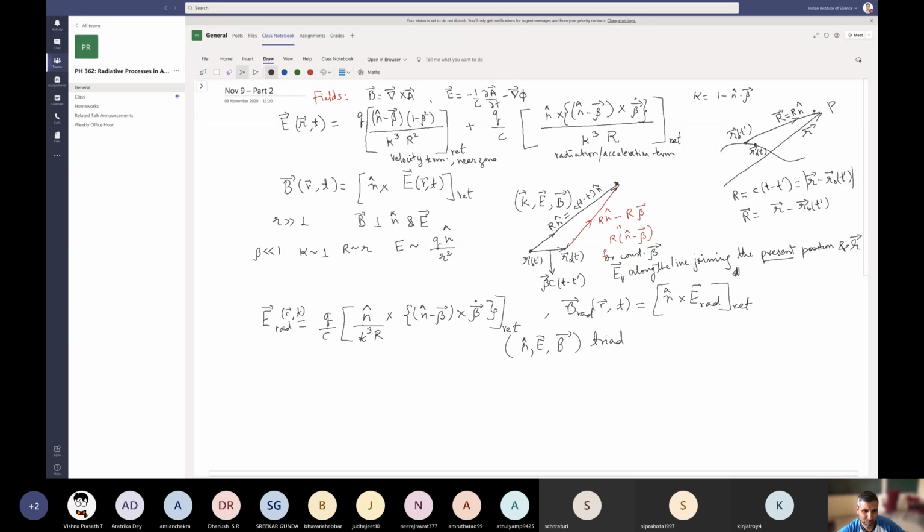So E is perpendicular to n hat, and B is perpendicular to n hat and E rad. So they are a triad like the plane wave in vacuum solution, right? So these n hat, E, B form a right-hand triad.